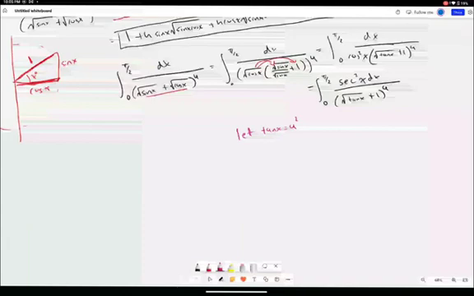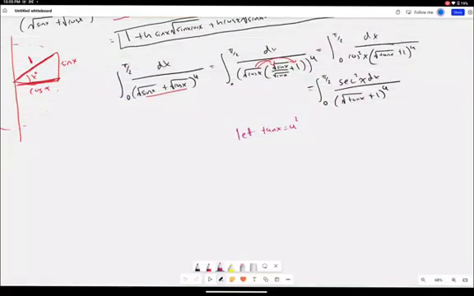And the reason I want it to be u squared is because whenever I put u squared into this square root, I can get back u plus 1. So if I let tan of x be equal to u squared, if I were to differentiate this, I would get back secant squared x dx is equal to 2u du.